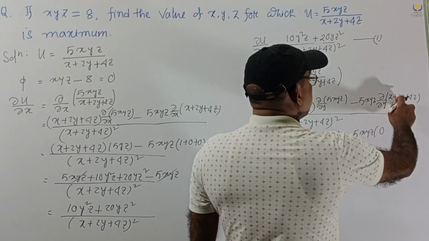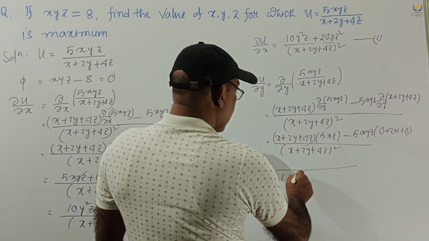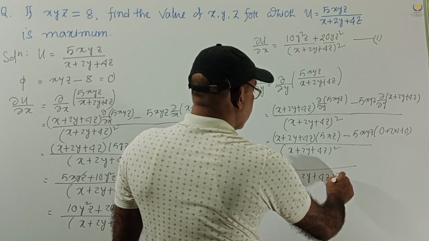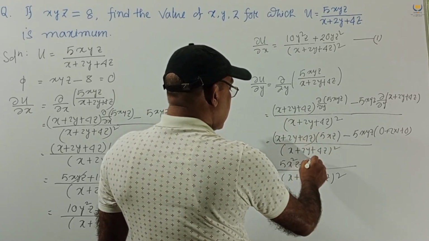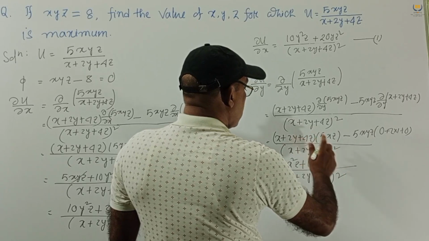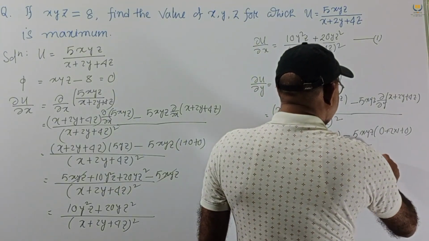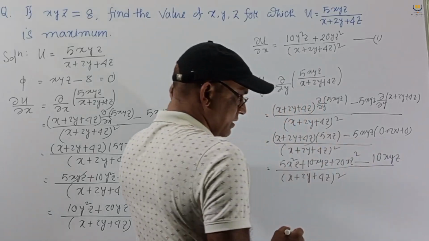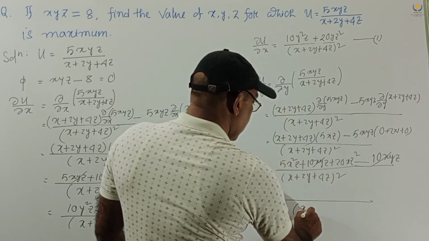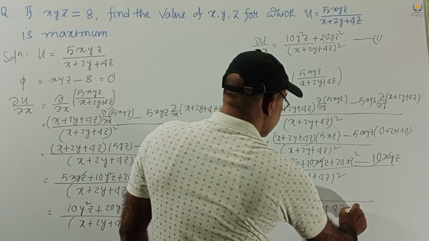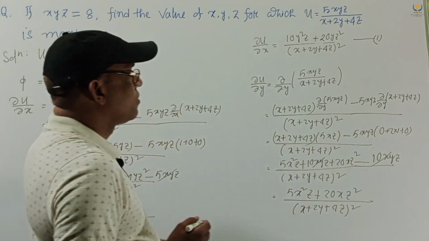Ultimately we get 5x square z plus 10xyz plus 20xz square minus 10xyz. The 10xyz cancel, and we get 5x square z plus 20xz square over x plus twice y plus 4z whole square.